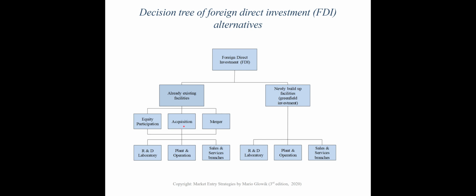In this case, we take over completely the foreign firm. And also in case of a merger, two usually large firms exchange their equity, and then a new firm is established. And a merger always includes whole firm operations, including R&D, plant and operations, sales services, and branches.